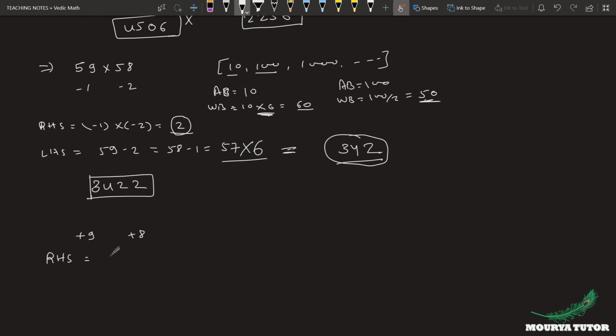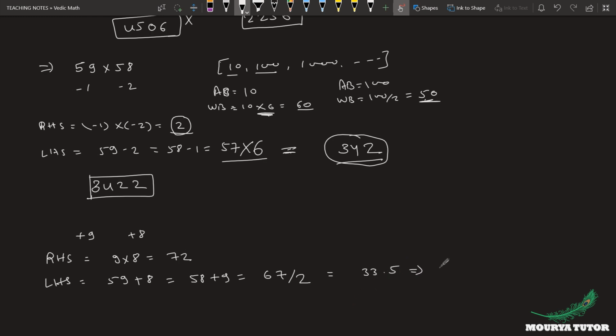RHS will be 9 into 8, 72, and the LHS will be 59 plus 8 or 58 plus 9, 67. We need to divide this LHS by 2 because we have divided the actual base by 2. So after dividing you will get 33.5, correct?